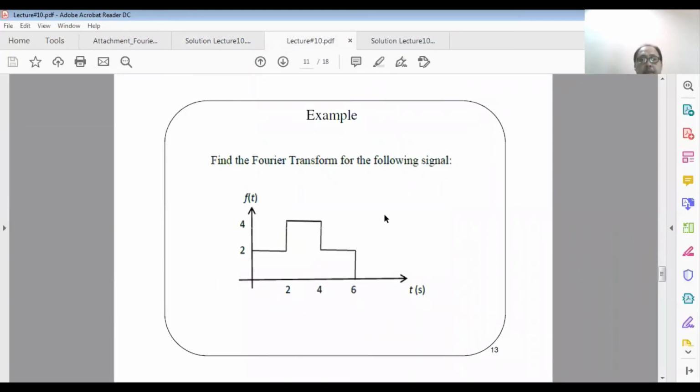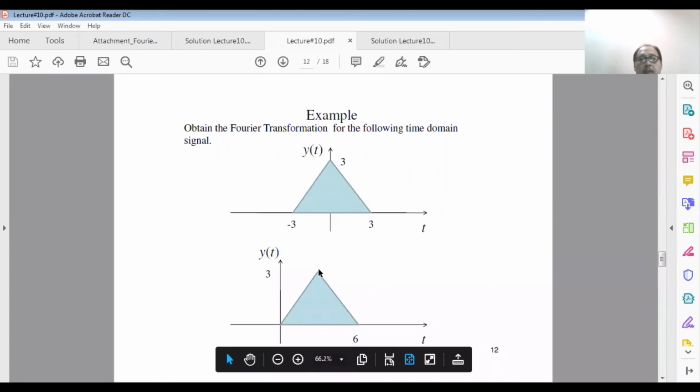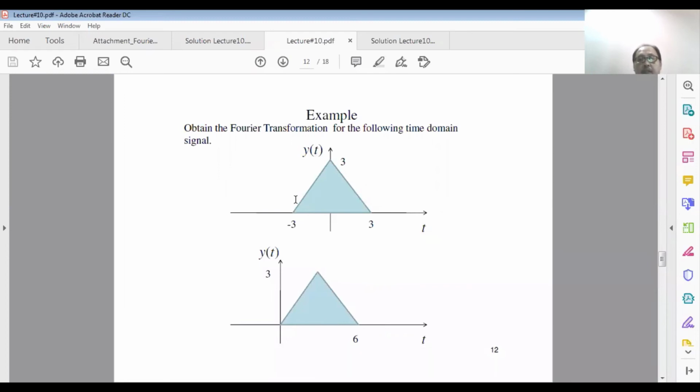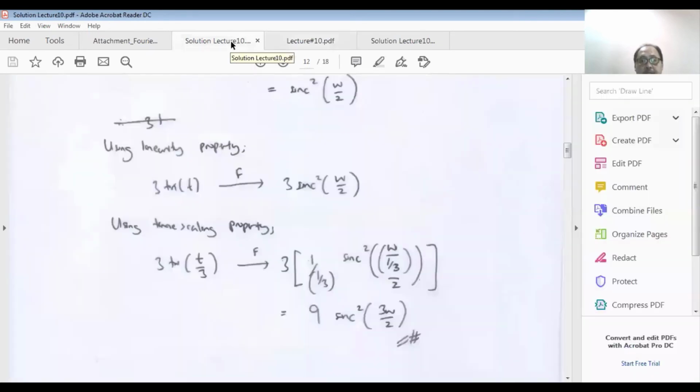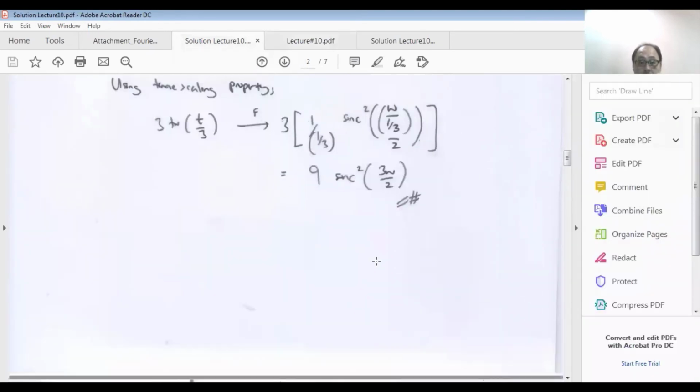The next one, we refer to this example, in which the triangular function from the first example is shifted to the right by 3 units. What should its respective transform be? Let's proceed with the solution.